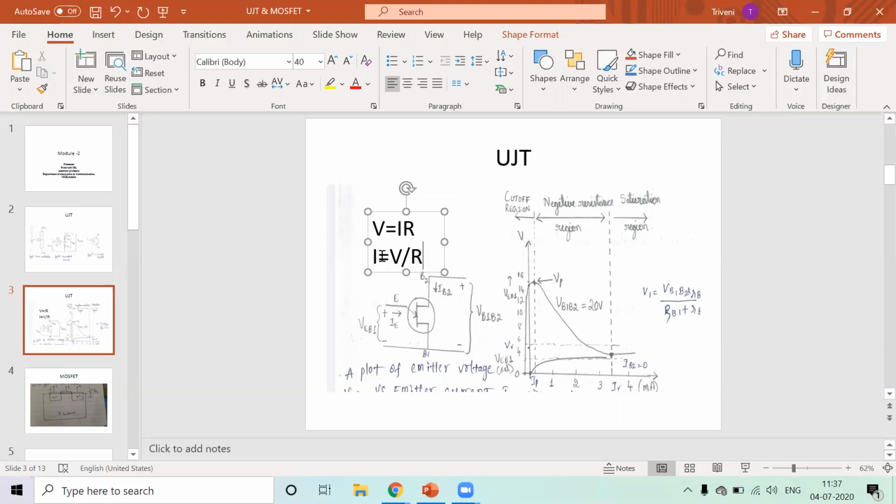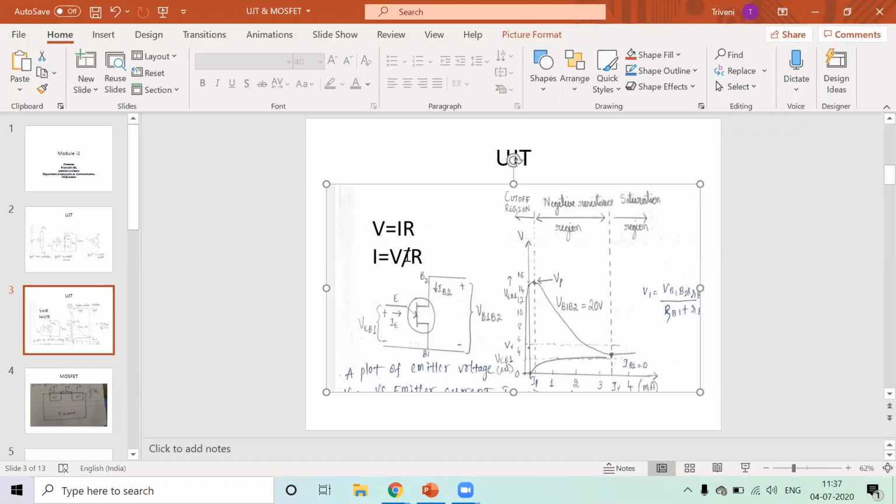Whenever the current increases, the resistance decreases. Here the current IE is flowing, and whenever the current IE is flowing, the voltage is also increasing, and the voltage will increase to a particular point. After that, in the UJT, the voltage starts decreasing actually.